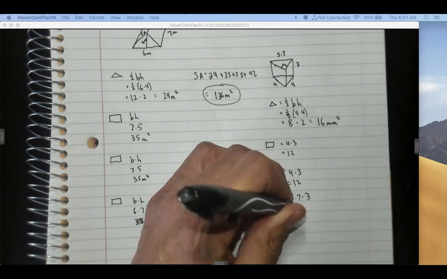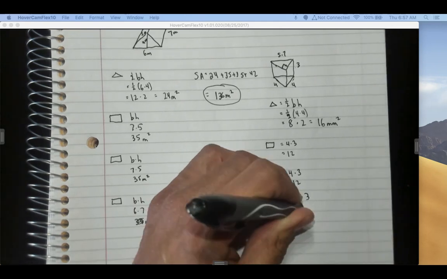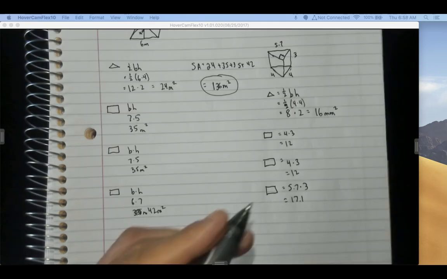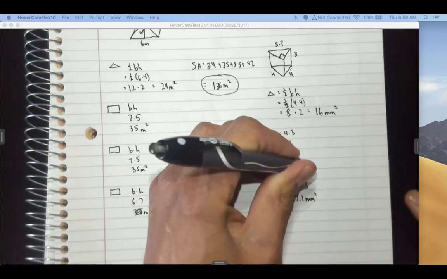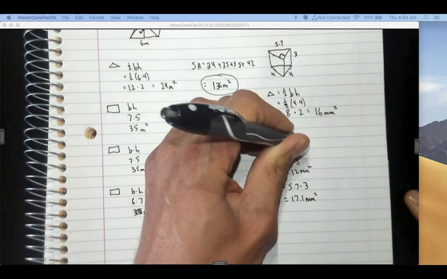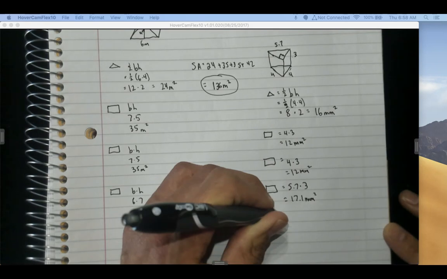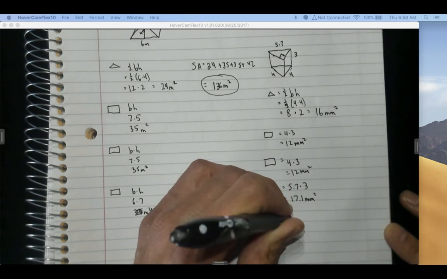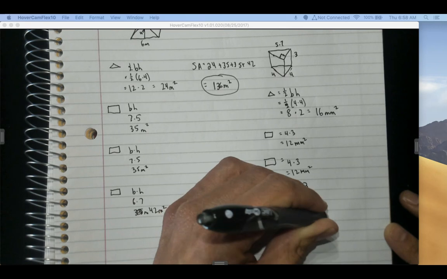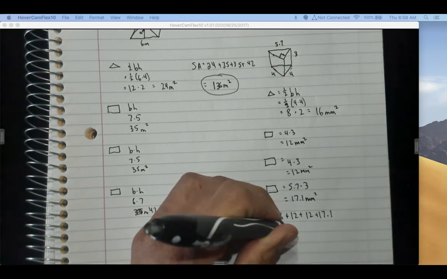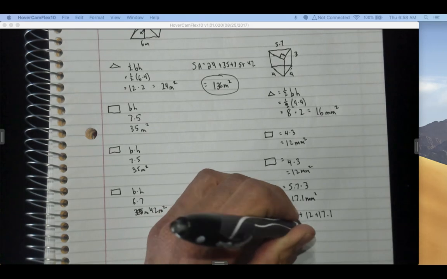Now I've got to add those all together. So the surface area is going to be 16 for the triangles, plus 12, plus 12, plus 17.1 to get a total of 57.1 millimeters squared for the surface area for this rectangular prism.